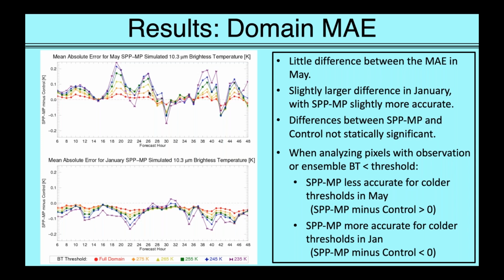When we do SPP-MP minus control, positive means the SPP-MP is larger. However, it was more accurate for the colder thresholds in January. Most of these are negative except for a couple of instances between about forecast hours 26 and 32, where the SPP-MP is not more accurate.